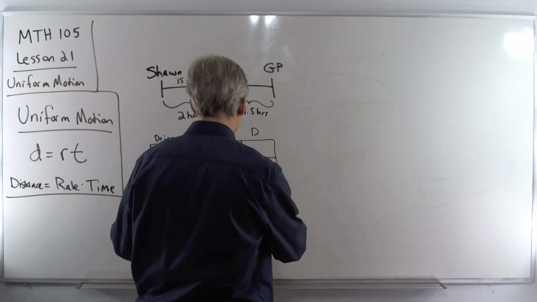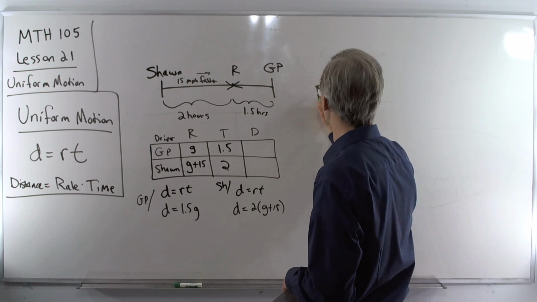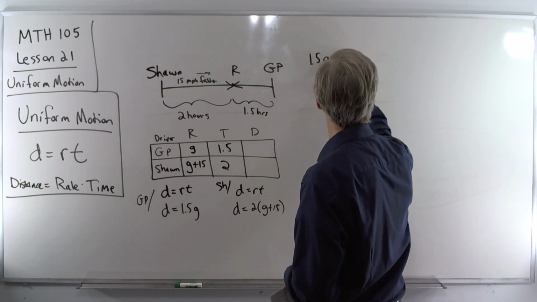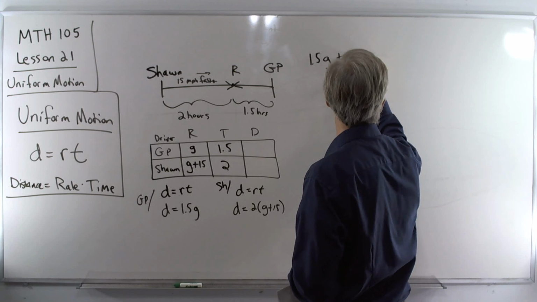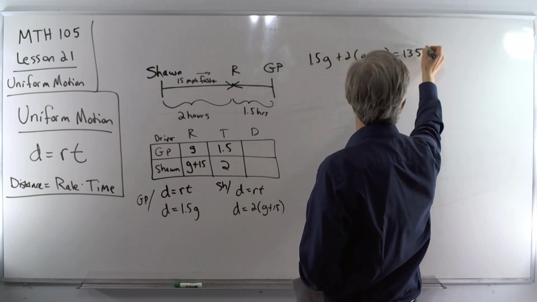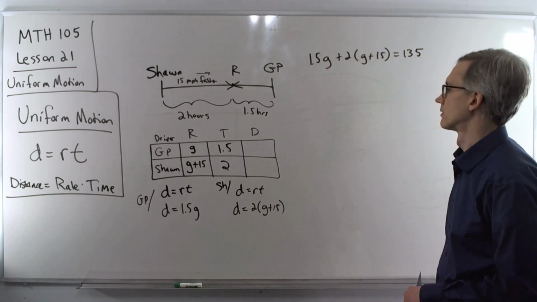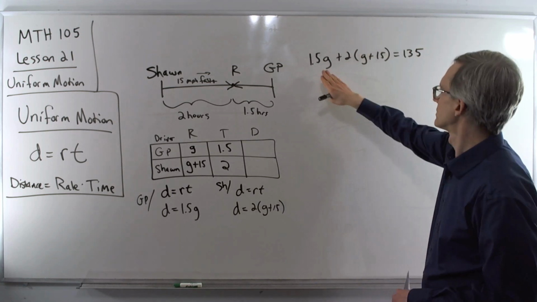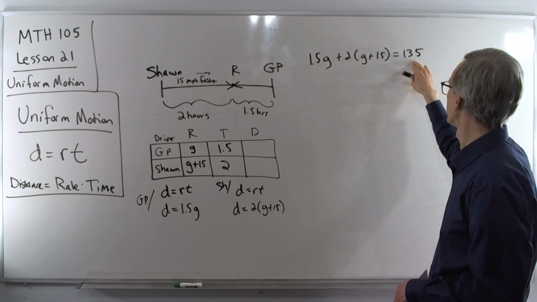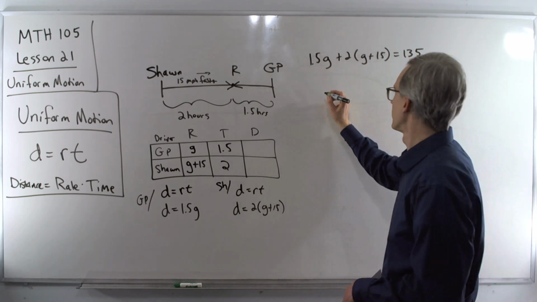So if we add these two distances together, we're going to get 135. All right, here's the distance grandparents drove. Here's the distance Sean drove. Add them together, 135. So there's the equation we need to solve.